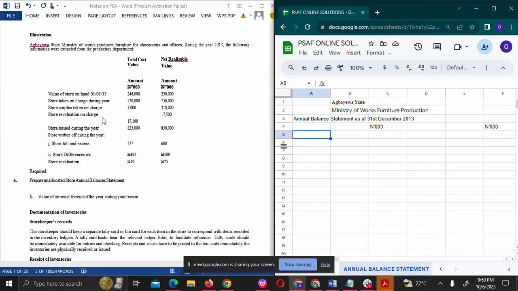Also, store revaluation on charge, 17,100 is lower than 17,500, so you use 17,100. Store issued during the year, you have 825 and 850, so you use 825. For the shortfall and excesses, you have 527 and 600, you use 527. For store differences, you have 493 and 500, so you use 493. So you are using lower of cost and net realizable value. Do you understand?